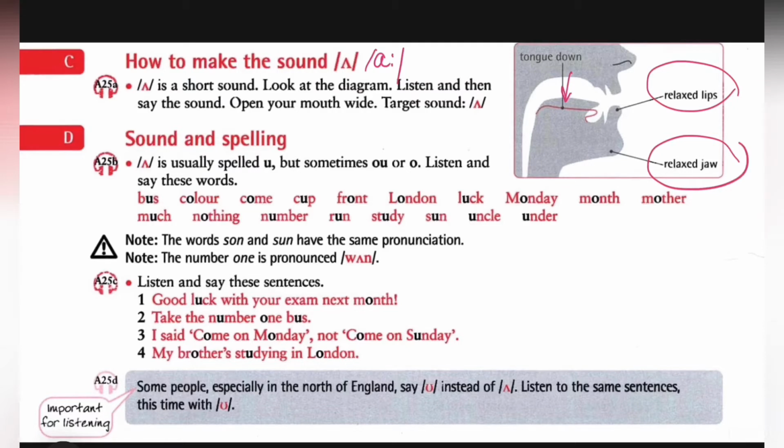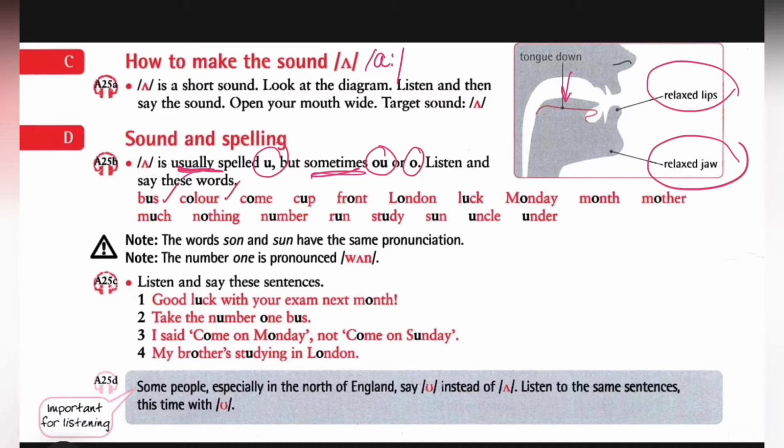So usually when there is a word spelled with U or OU or O, sometimes, remember that it's not something compulsory. It's just a suggestion. It's not a rule. We say this sound with these kinds of spelling. So for example, let's repeat. Bus, bus.